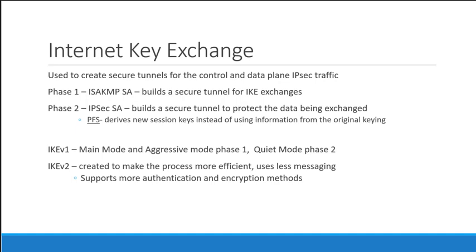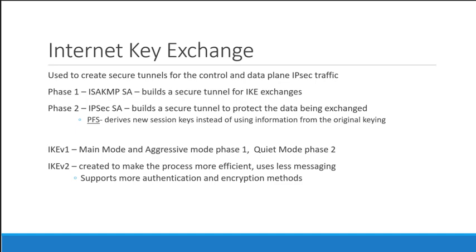One additional optional thing that can happen in Phase 2, or that we can enable, is perfect forward secrecy, which means it's going to derive new session keys instead of using information from the original keying. So we did our original keying, and if for some reason those keys are compromised, if I have enabled PFS, then new keys get generated without using any information from our previous keying process.